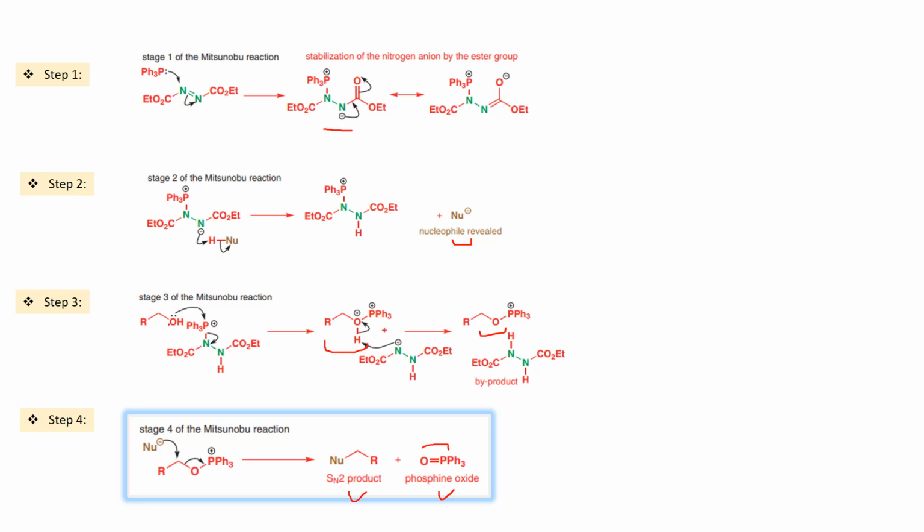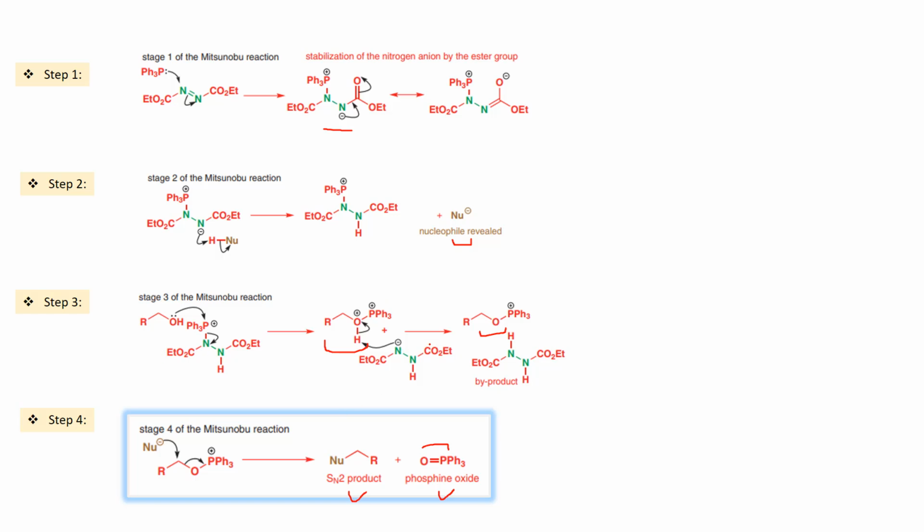After that, our substrate alcohol OH will attack this phosphorus, and the oxygen-phosphorus bond is one of the strongest bonds in organic chemistry. So wherever there is a chance of forming an oxygen-phosphorus bond, it will always form, and then this oxygen will attack this phosphorus center and form this oxygen-phosphorus bond, and it will be removed from the system.